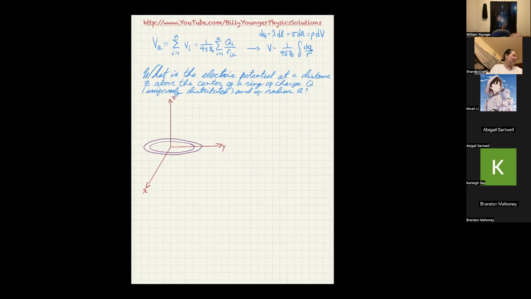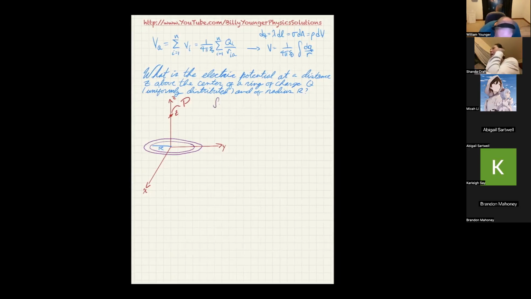There's the extra thickness I have, and that thickness is not a very big thickness, so we don't have to worry too much about that. In other words, if the radius is r, the thickness will be like 1/100th of r, so it's not that big a deal. What we want to do is find the voltage at this point P, which is a distance z above. Okay? So what we're going to do is consider just a wee bit of charge, if you will.